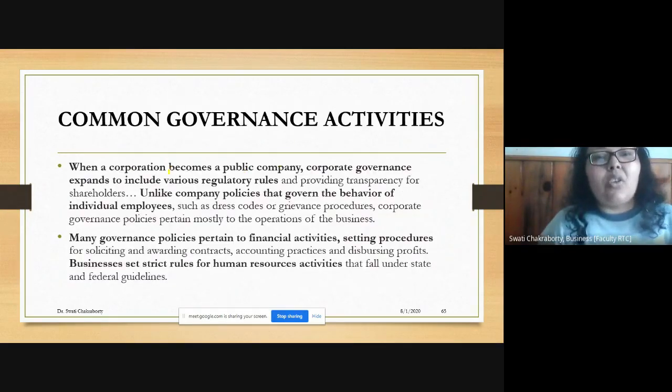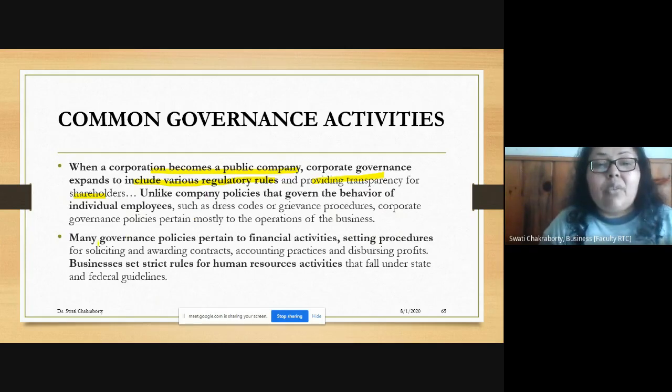So, common governance activities that come up. When a corporation becomes a public company, the corporate governance starts expanding to include various regulatory rules and provides transparency for the shareholders, right? That is important.